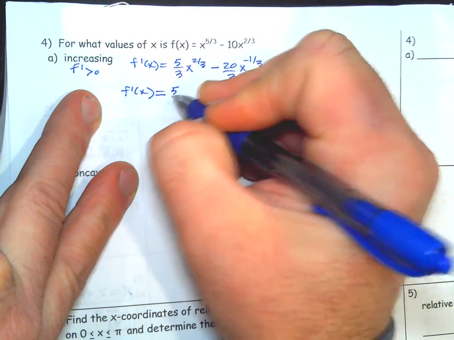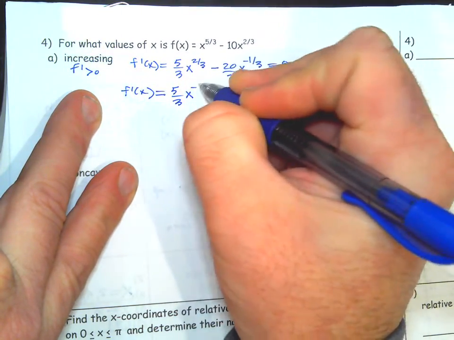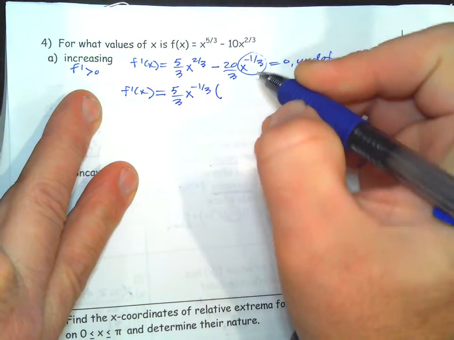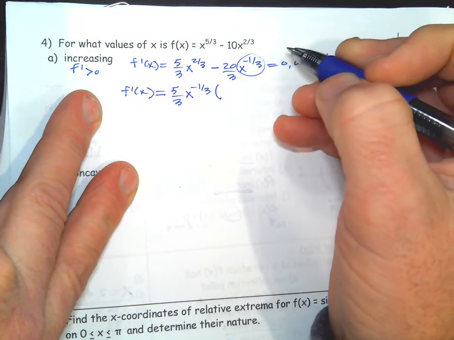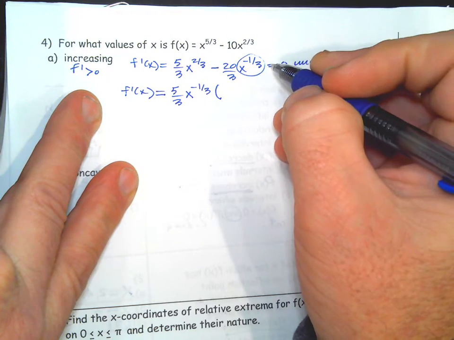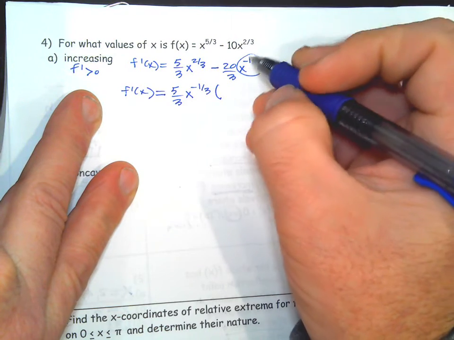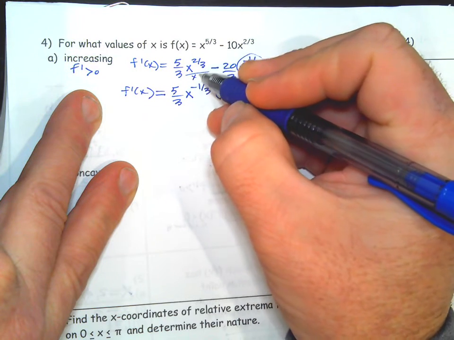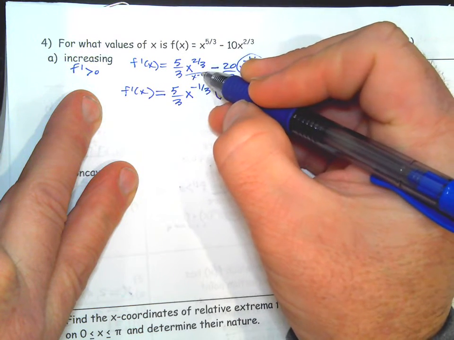You could factor 5/3 out, and then x to the negative 1/3 would be the GCF. The smallest exponent is the greatest common factor. And that's what we always do. But when we have fractions and positive and negative exponents, I think that kind of messes with our head. Now, when I divide this out of both of these, it's going to be x to the 2/3 divided by x to the negative 1/3. Rules of exponents say to subtract it.